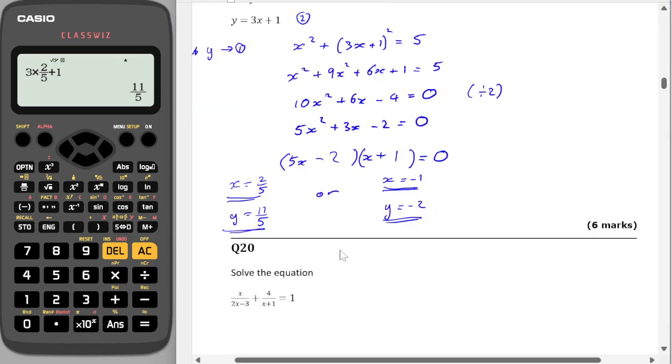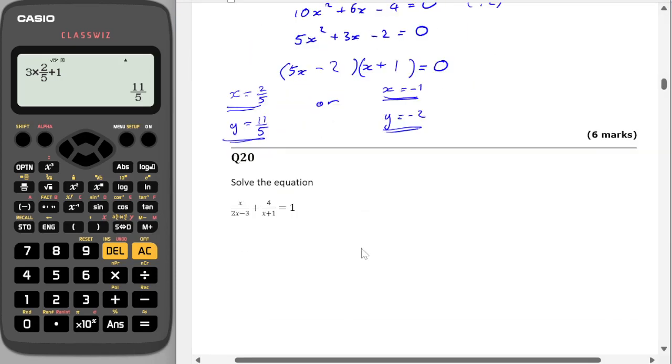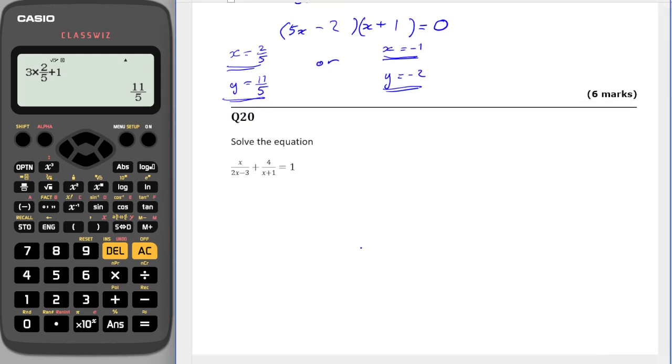Okay, question 20, solve the equation. So I like these questions. I tend to times through by the denominator. So I'm going to times through by 2x minus 3 times by x plus 1 on both sides of the equation. I'd normally write that under both sides, but that's a little small at the moment.